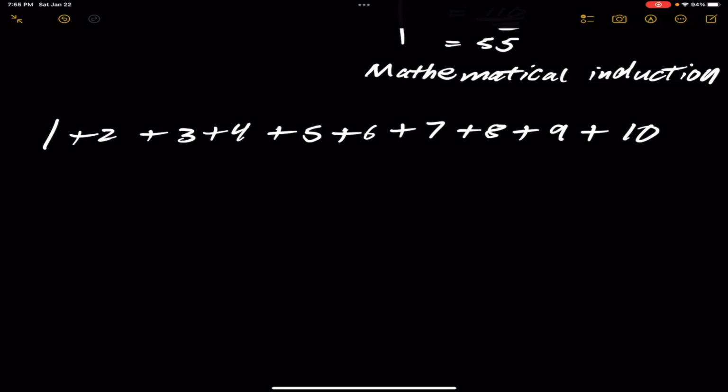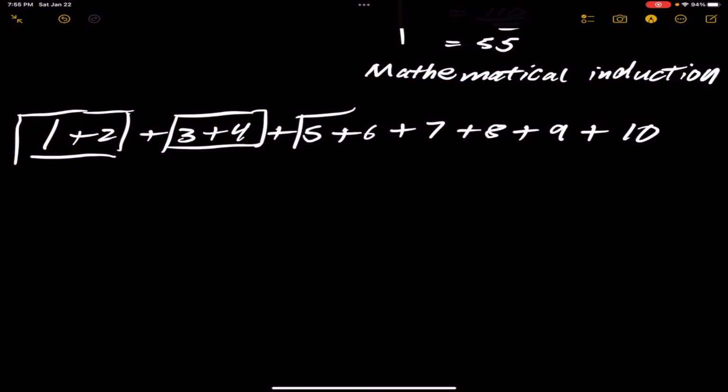So you give one computer 1 plus 2. The next one, 3 plus 4. The next one, 5 plus 6, then 7 plus 8, and 9 plus 10.